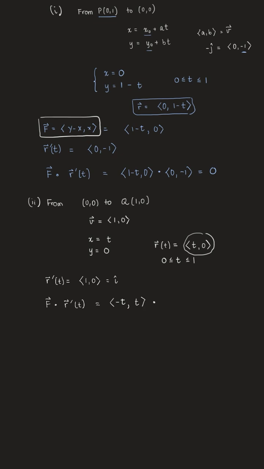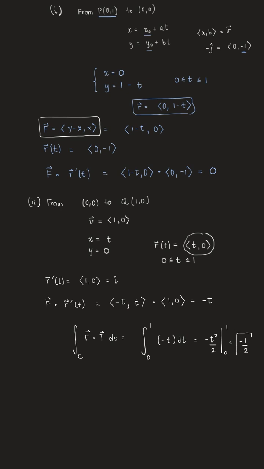We're doing the dot product with 1, 0. This gives us negative t plus 0, which is just negative t. Now we're going to integrate and find our vector line integral. We get the integral from 0 to 1 of negative t dt, which is negative t squared over 2 from 0 to 1, which gives us negative 1/2.